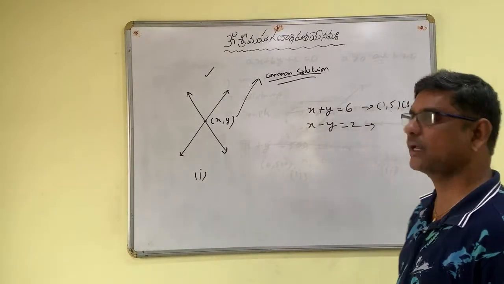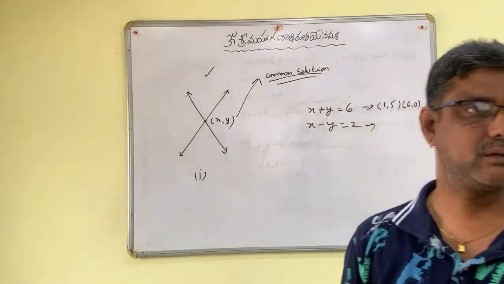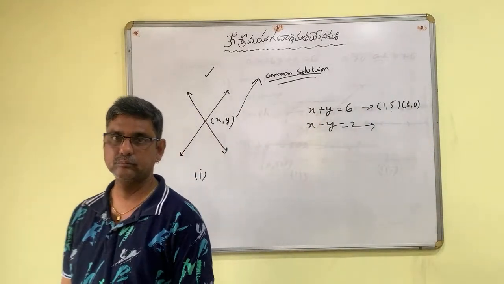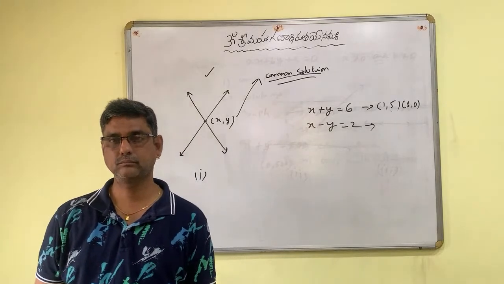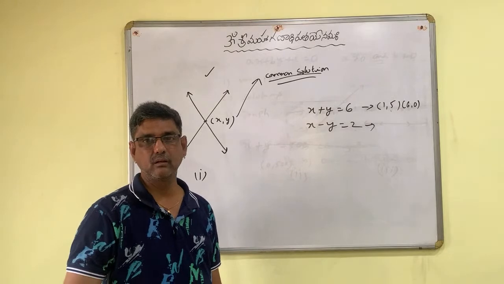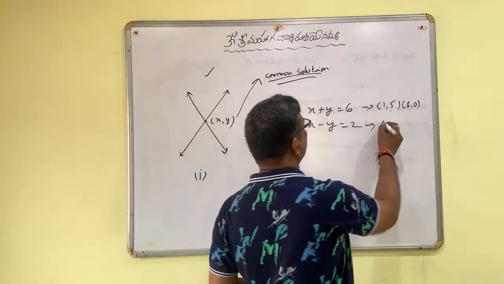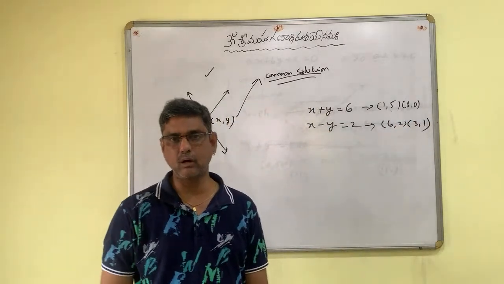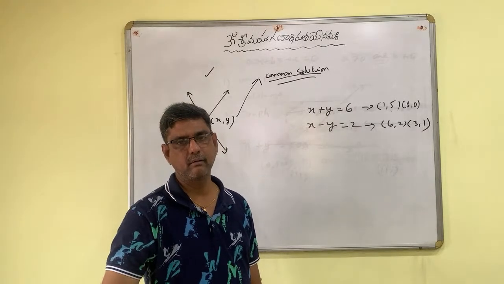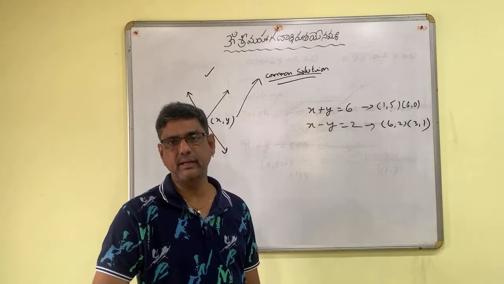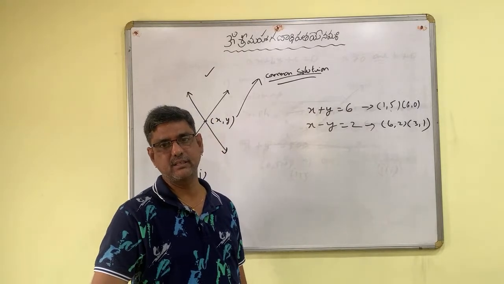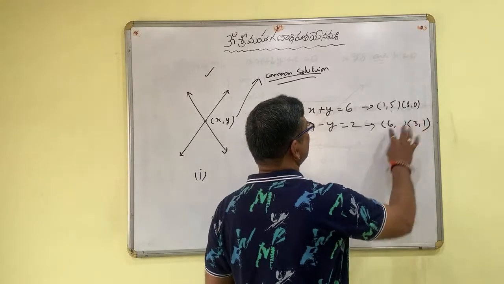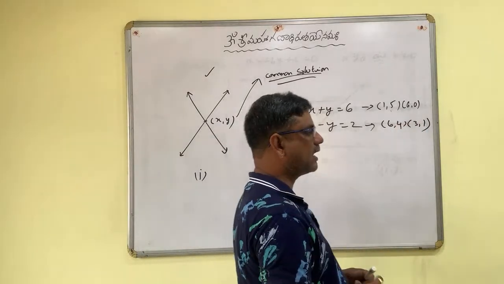For x minus y is equal to 2, what are the solutions we have taken? 6, 2, 3, 1. 6, 2 wrong. 3, 1 correct. 3, 3 is also wrong. 3, 3 for the first one it is right. 6, 4 correct. Now draw the graph.